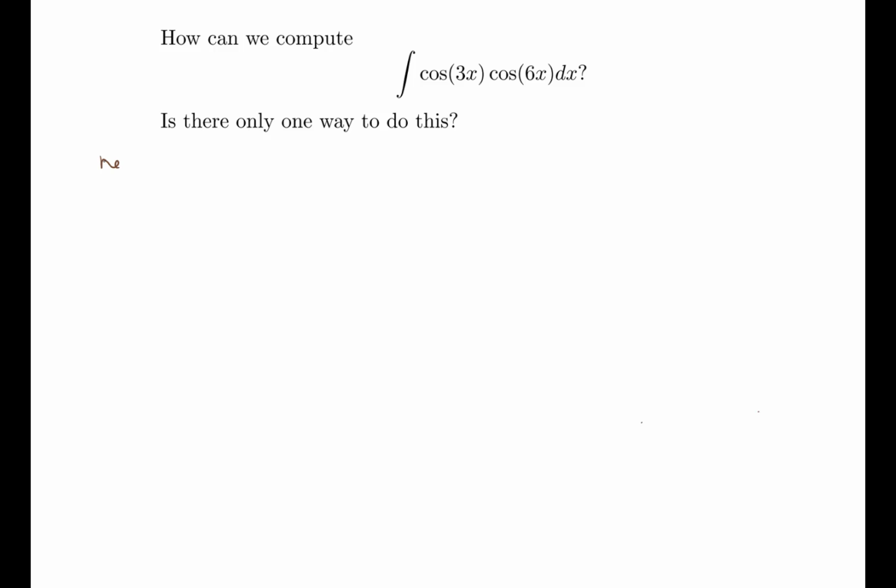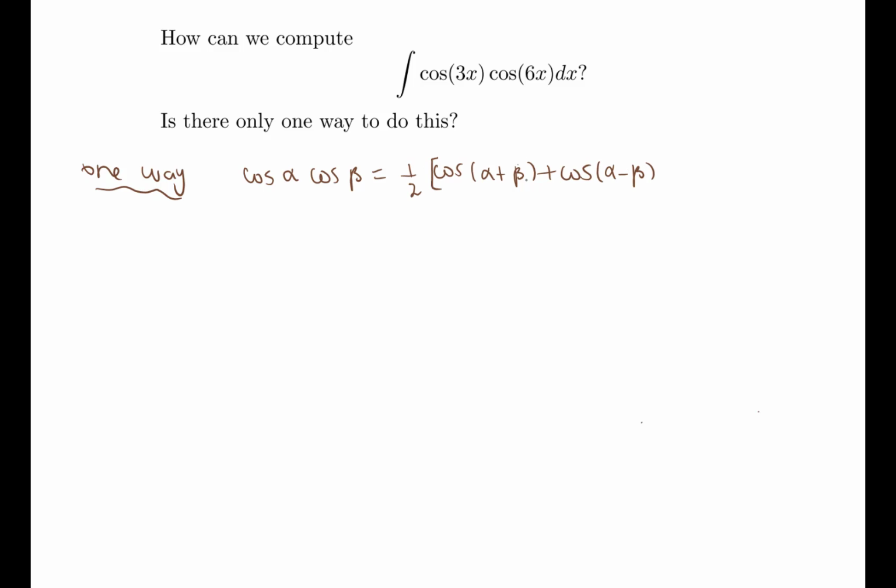So one way will come from using a trigonometric identity in order to rewrite the cosine of 3x times the cosine of 6x in terms of the cosine of 9x and the cosine of minus 3x.